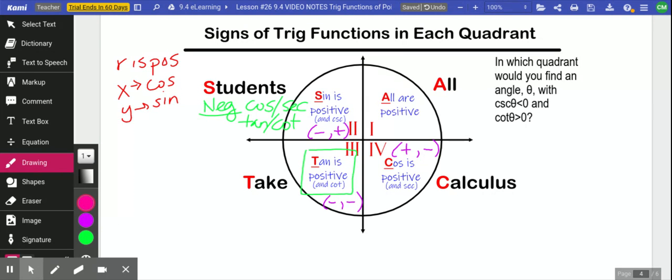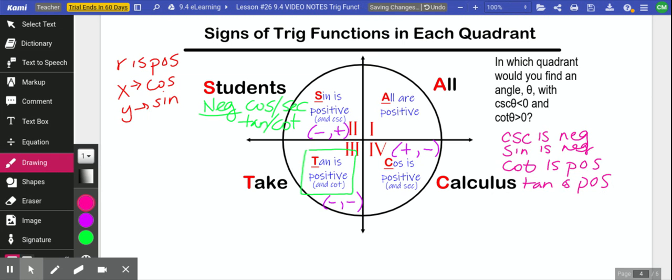Okay, so let's answer a question based on that. In which quadrant would you find an angle theta with cosecant negative and cotangent positive? Well, cosecant connects to sine. So if cosecant is negative, then sine is negative. And if cotangent is positive, then tangent is positive.